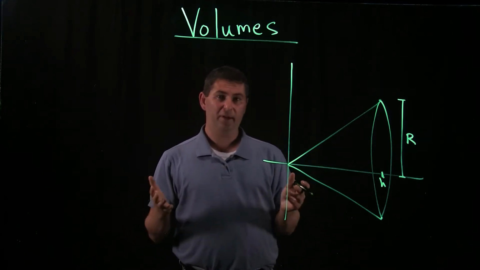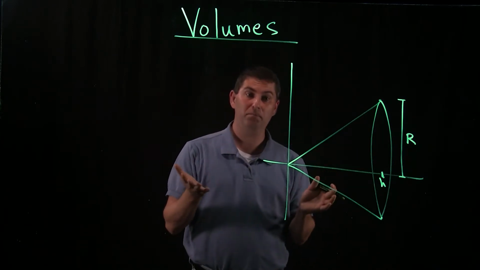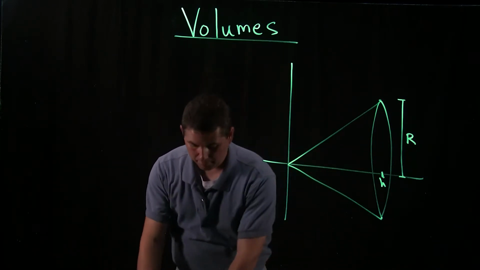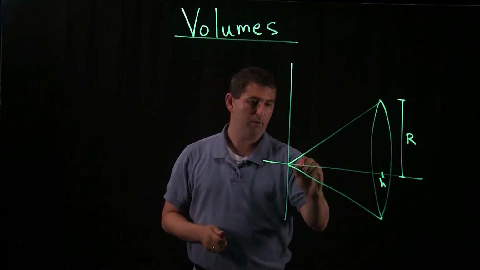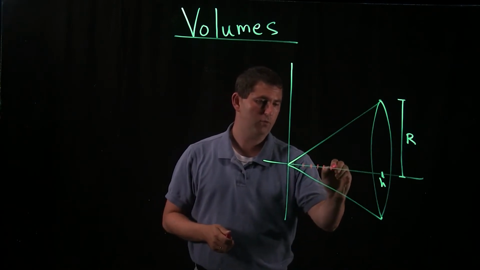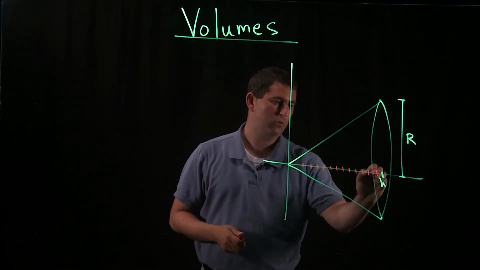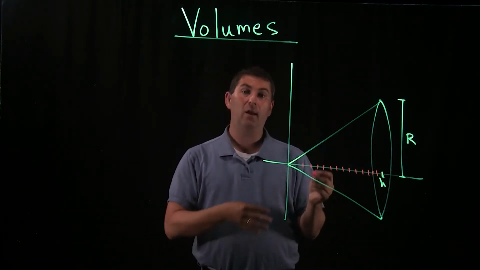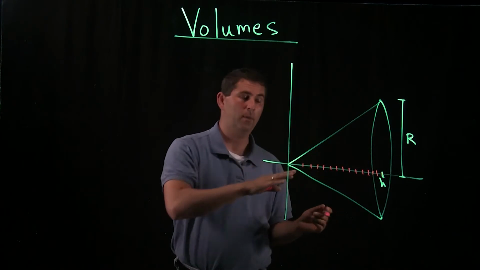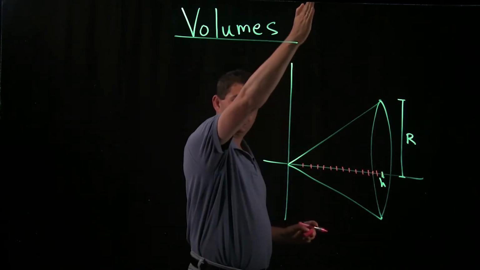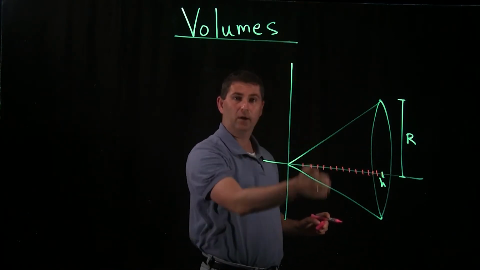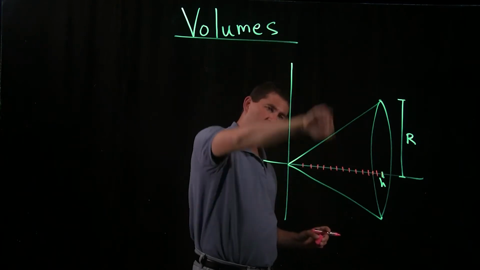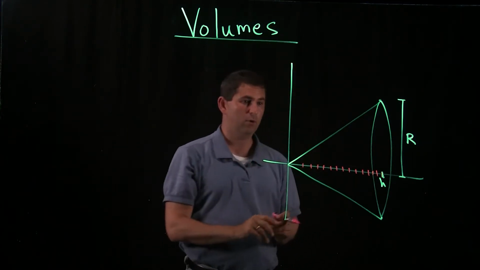Just like everything else with integration, we're going to sample. So maybe I chop this axis up into little points, and then at each of these points, I'm going to take a cross section of the cone. Now, cross section, imagine I drive a plane through here. Every time you take a cross section of a cone, you're going to get a circle.